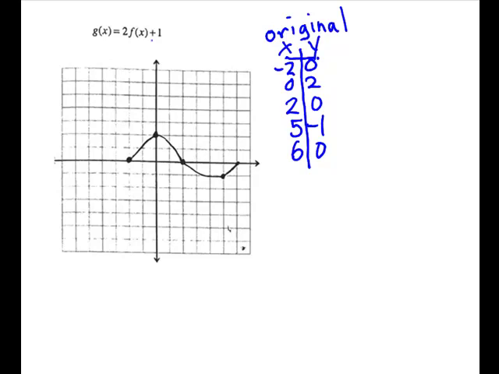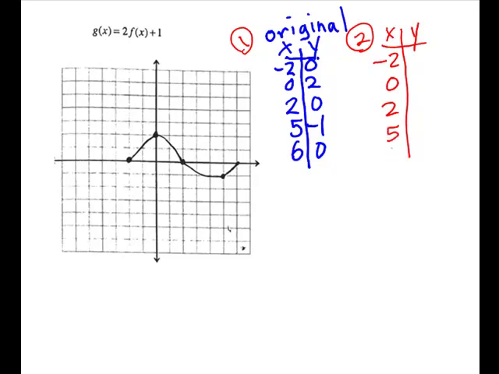So I'm going to do 2 times my y coordinates, and my x will stay the same. So this is table number 1, my original. Table number 2, my x's stay the same. Right, and my y's are going to multiply by 2.